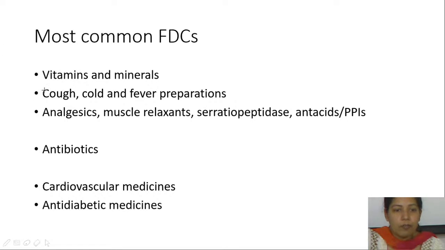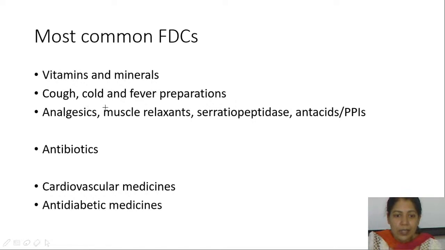Similarly, for cough suppressants, cough, cold and fever preparations, there are several cough syrups. I've seen cough syrups with as many as 27 ingredients. So usually that is not required. Ideal would be to give paracetamol separately when there is fever, because paracetamol is to be used mostly SOS.